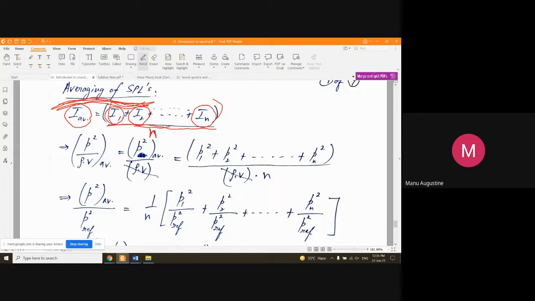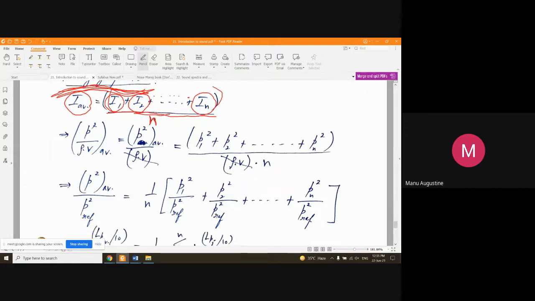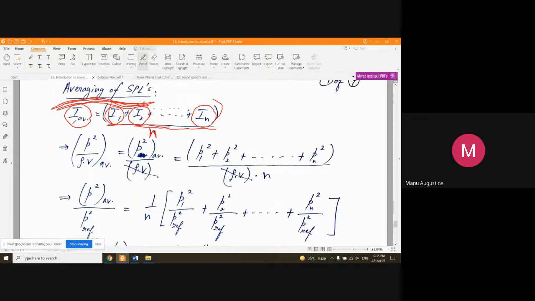Now once again, we want to subtly direct our discussion towards the decibel value. So we know that we have to use this expression for intensity.